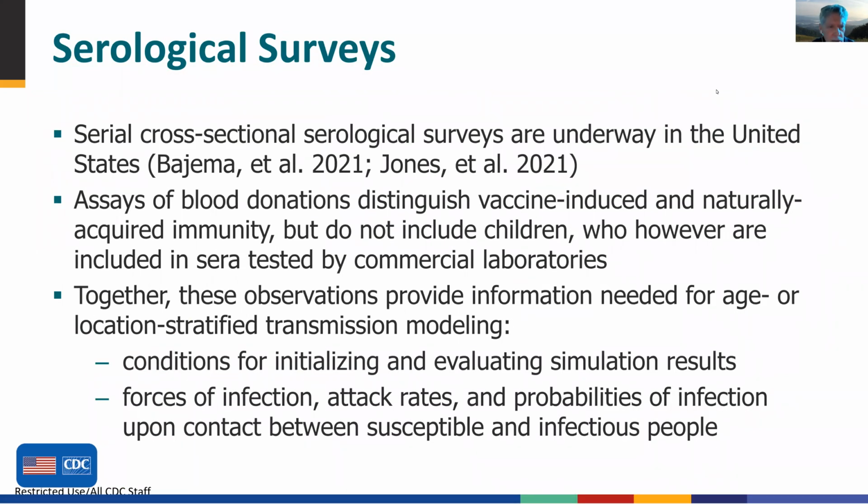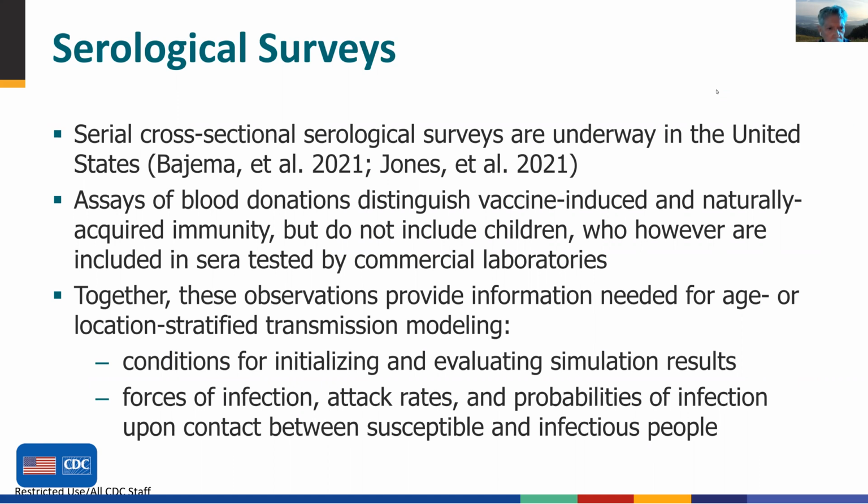So there are two cross-sectional studies that are underway, and they've been written about in references that I'll list in detail at the end. One of these is a study of blood donations, and that study can distinguish vaccine-induced and naturally acquired immunity.